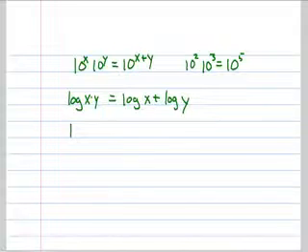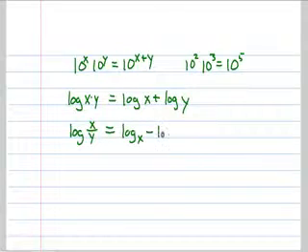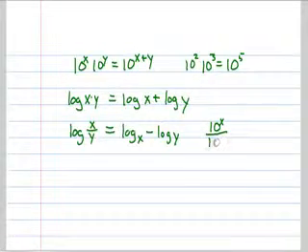Likewise, if I have the log of x over y, then this would mean the log of x minus the log of y. And again, think about what would happen if I had 10 to the x over 10 to the y.